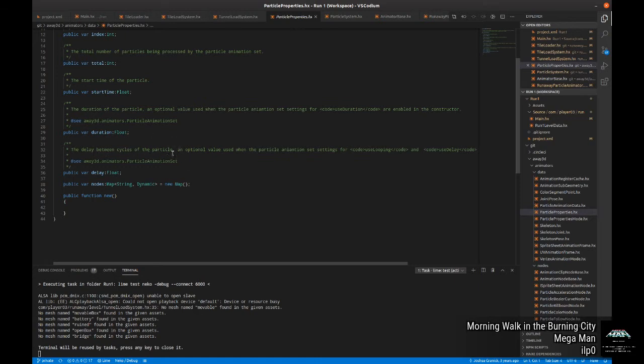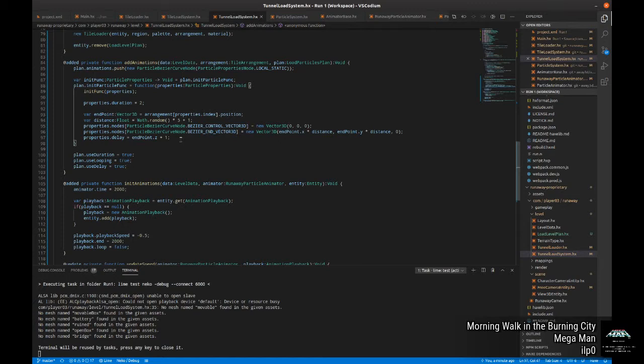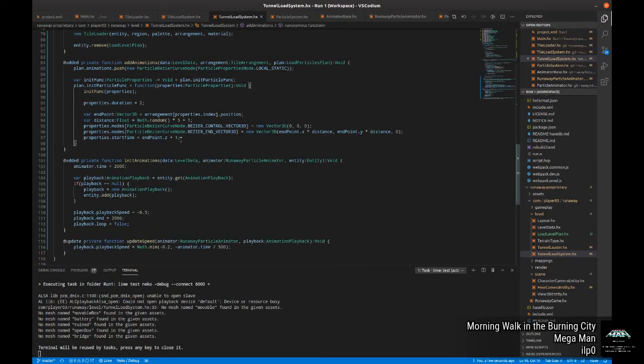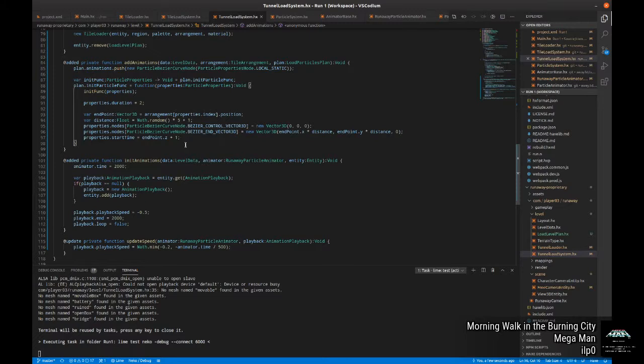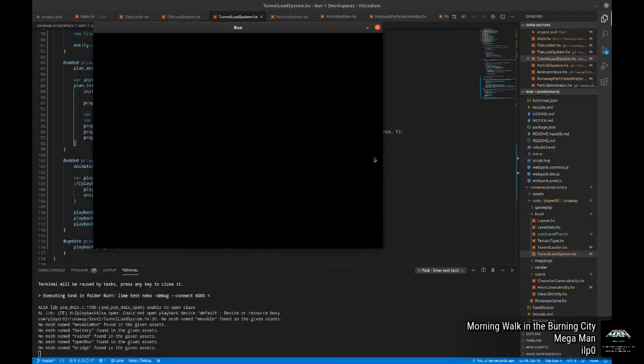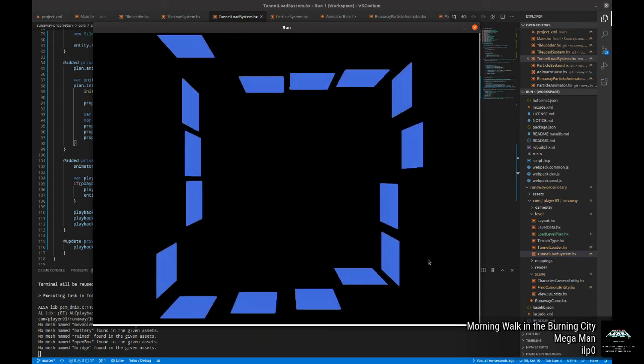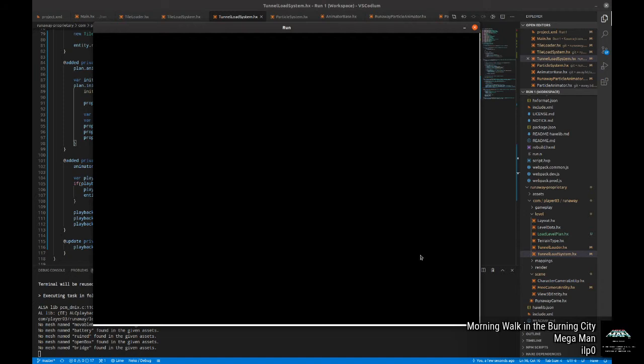The delay between cycles of the particle. Oh, maybe I don't want delay, I want start time. Or maybe I don't, because it's all vanishing.